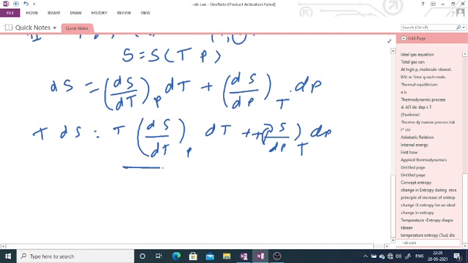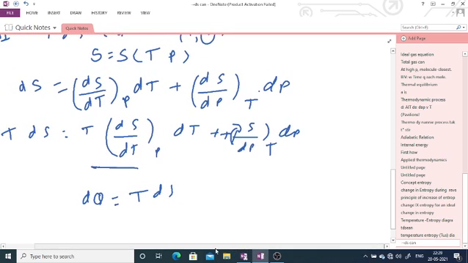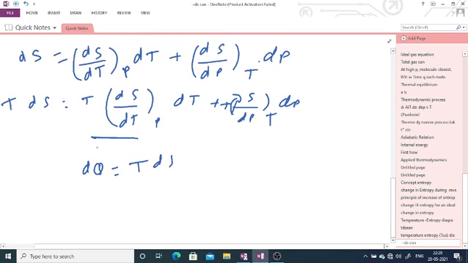Once again use the second law of thermodynamics, dq is equal to TdS, and take the derivative: dq/dT.